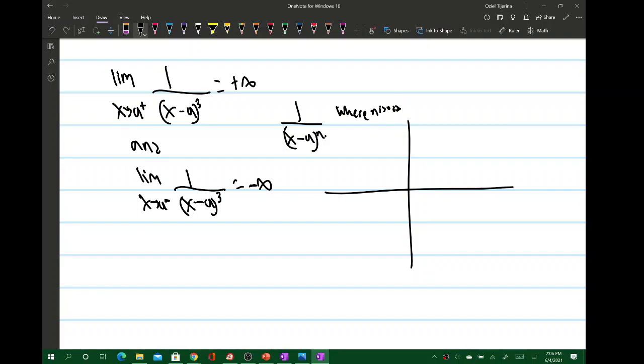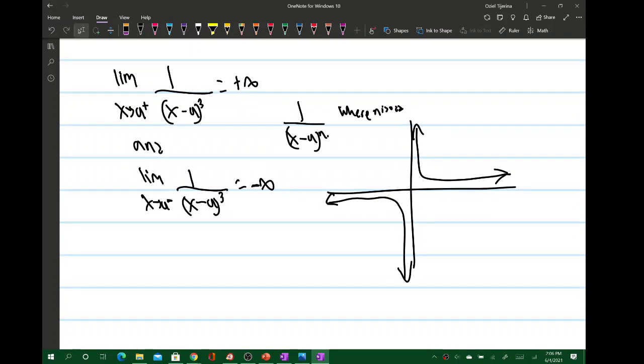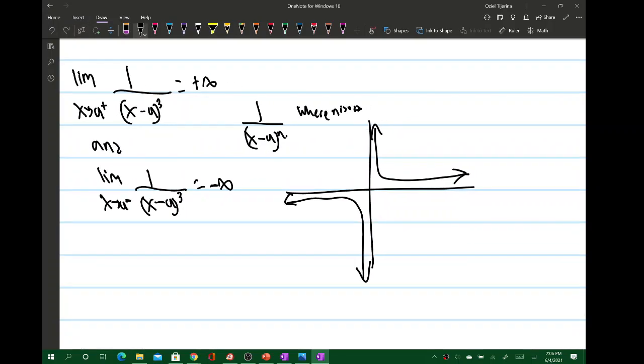So if we look at 1 over x, for example, let's pretend it's like this, and this is a.